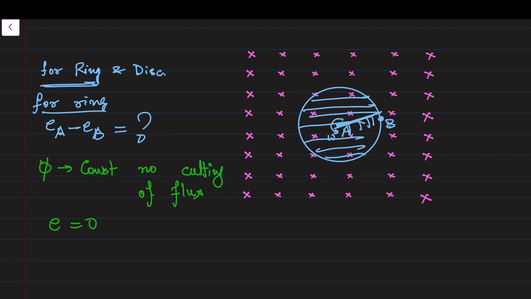Now, as a result of that cutting of field lines, EMF developed between the center and the periphery. But if you take the EMF between 2 points on the periphery, it will be 0. I'll explain this point in detail.